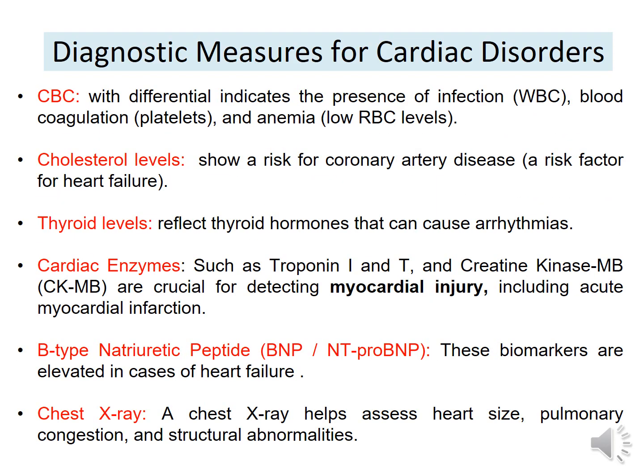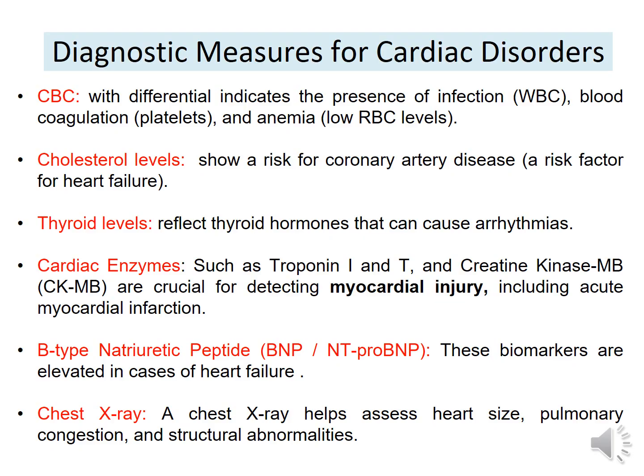Then later on, we have a CBC as usual, complete blood count, to differentiate infection, with increased white blood cells, and coagulation problems, which are associated with platelets, and anemia, which is usually associated with low RBCs.